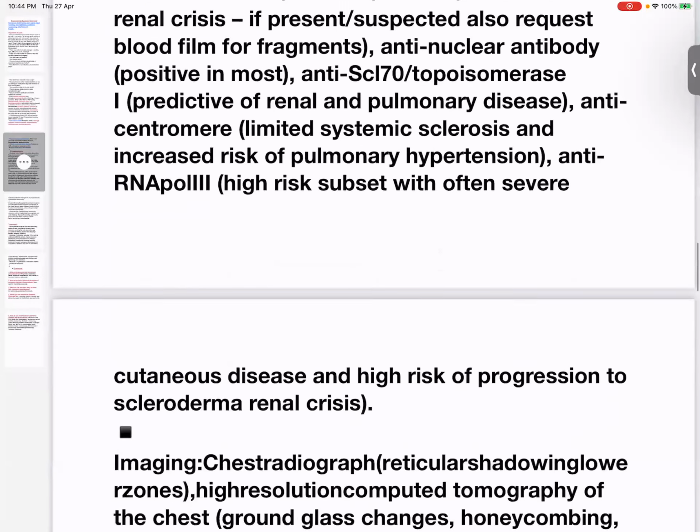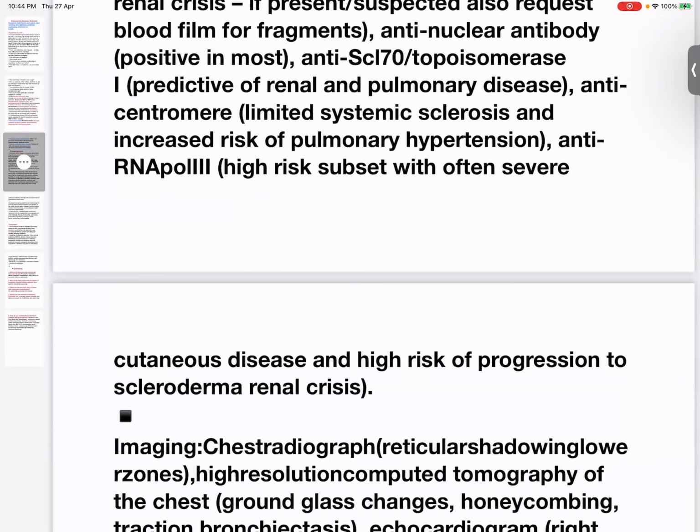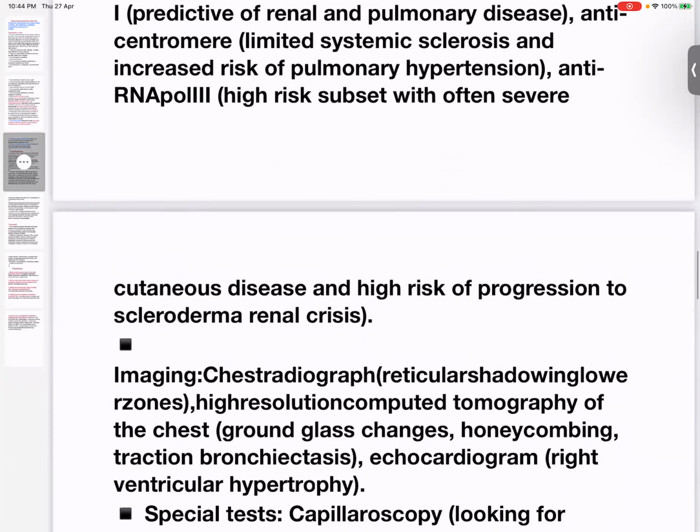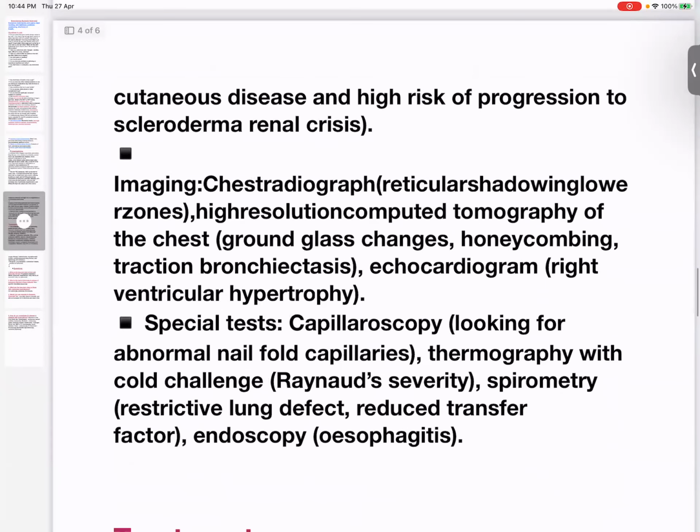Anti-RNA, so you will find a lot of other antibodies, but the most important are SCL70 and anti-centromere. Imaging: chest radiology for the pulmonary fibrosis.